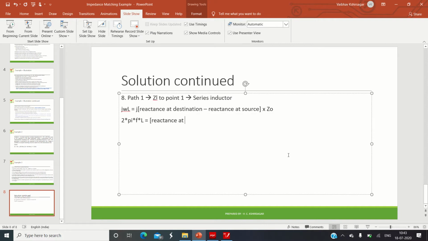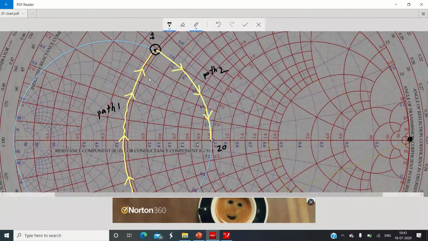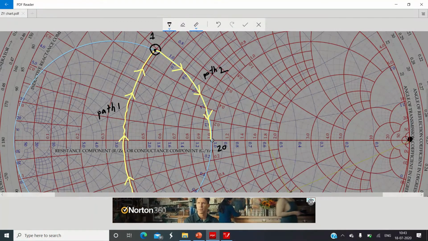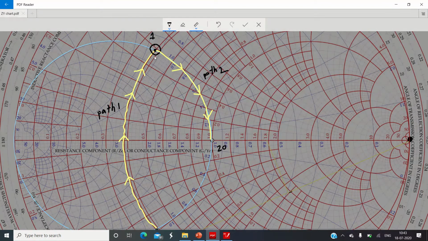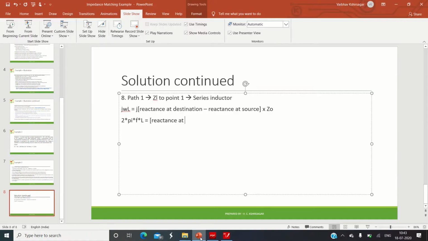What is the destination point in path number 1? It is point number 1, so I write the reactance at point 1 minus the reactance at the source point.